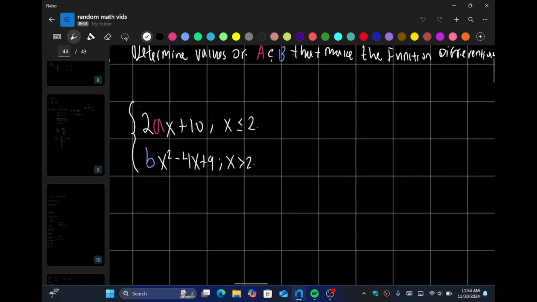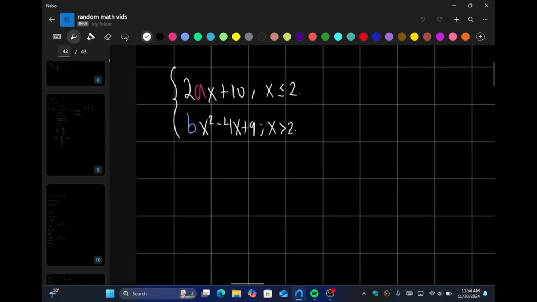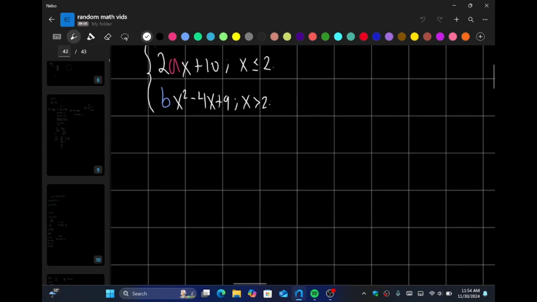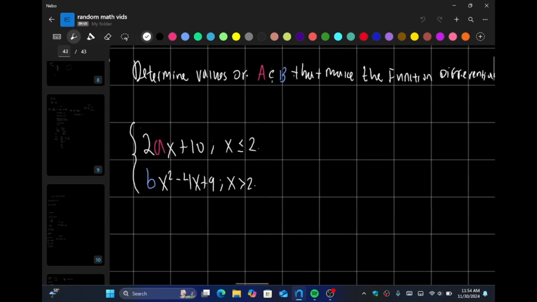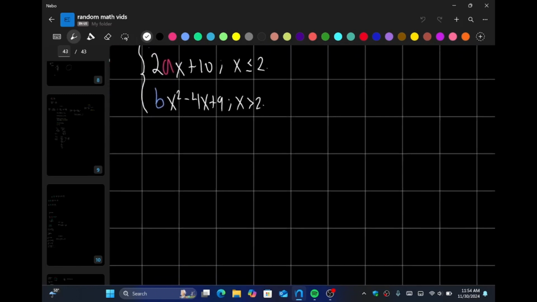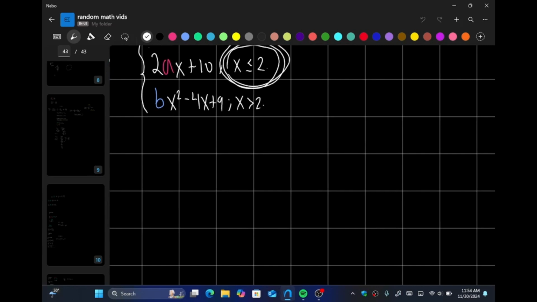But we're going to go ahead and get started with this. Now, here's the thing, guys. Basically it's a continuous function. And how do I know that? Because obviously we have something here as well as something over here, right?